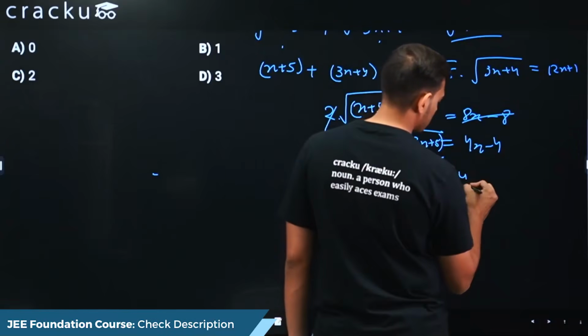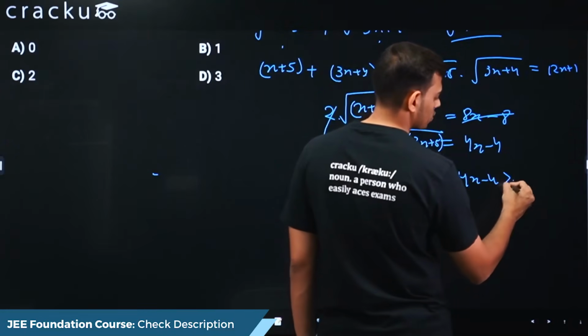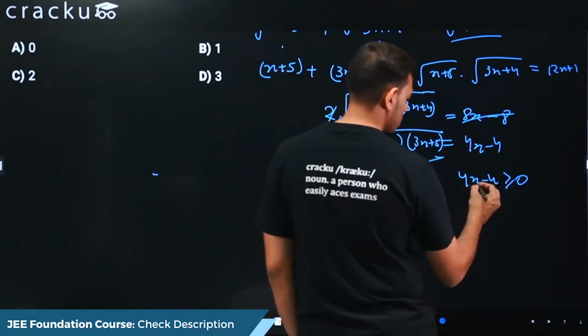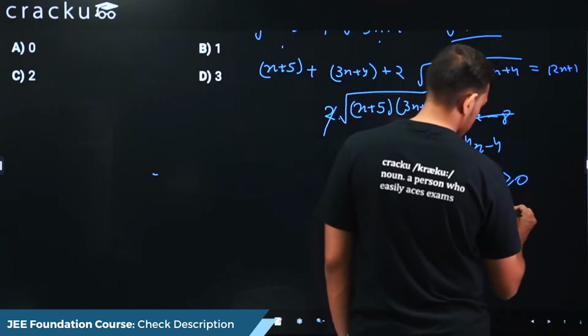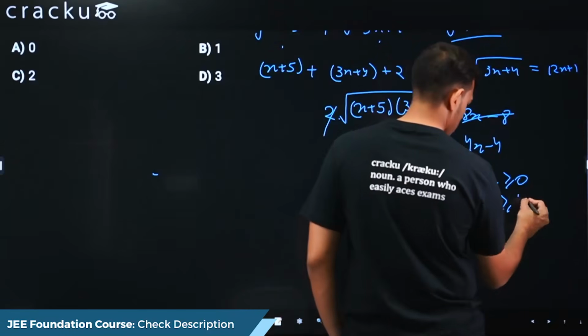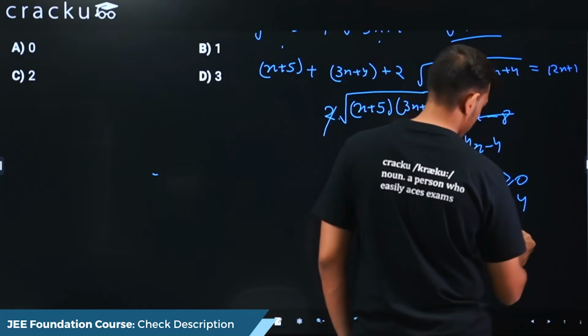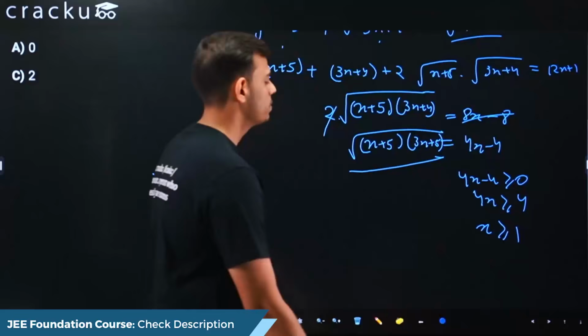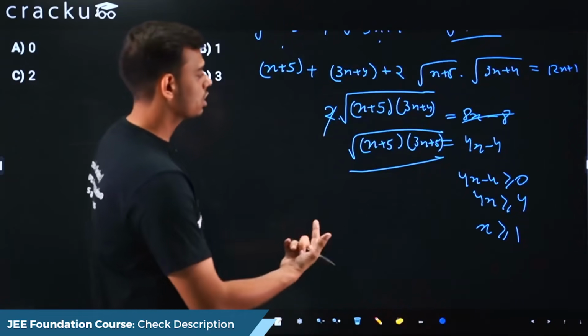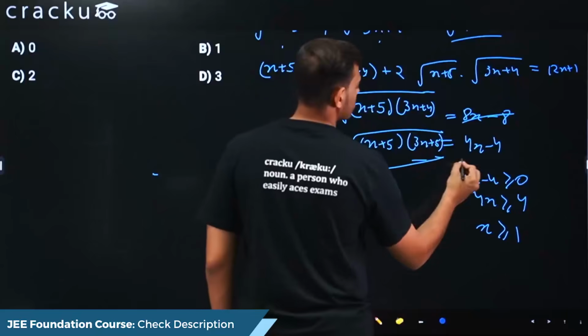It means 4x minus 4 is greater than or equal to 0. Then we get 4x is greater than or equal to 4, so x is greater than or equal to 1. So x should be greater than or equal to 1. This is the condition we get because of this equation.